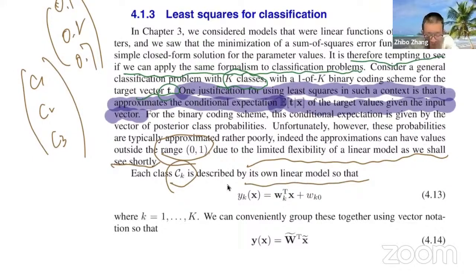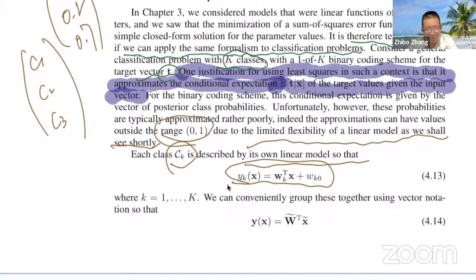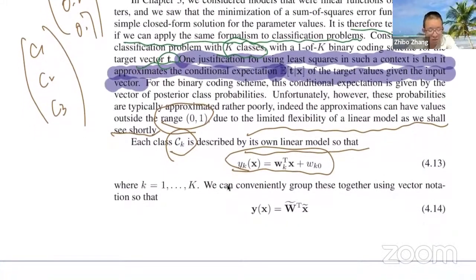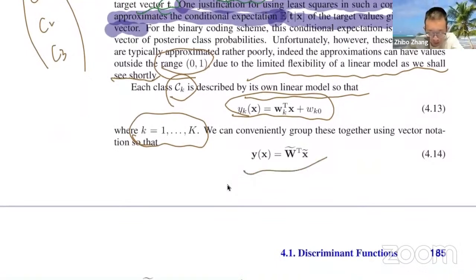This thing, where small k is inside the category from 1 to capital K. We can conveniently group these together using vector notation so that it can be written in a compact form, right?